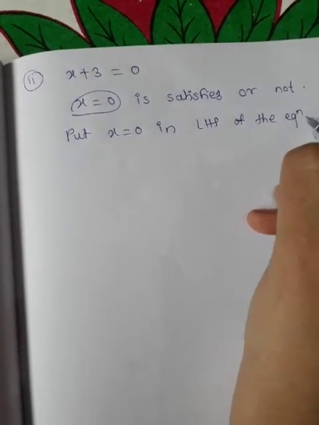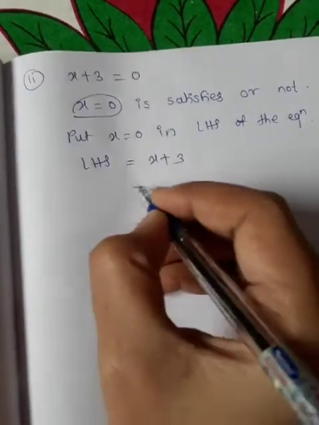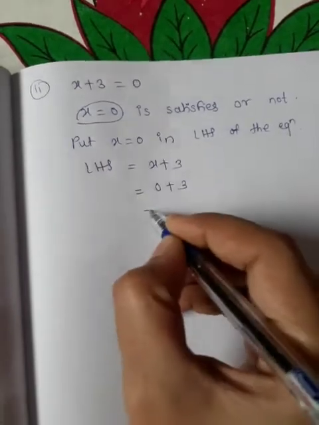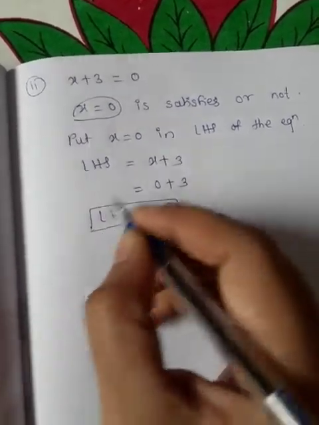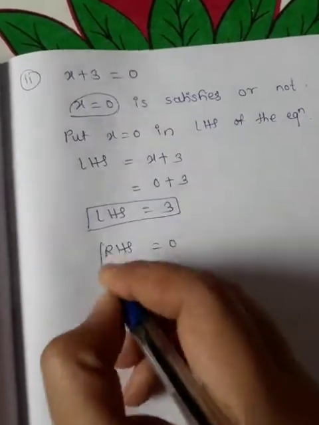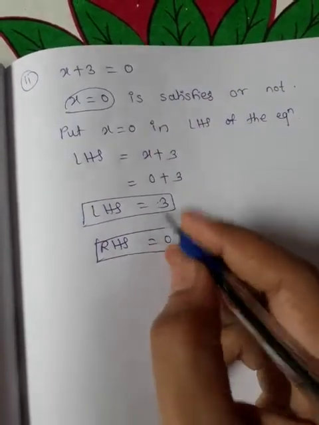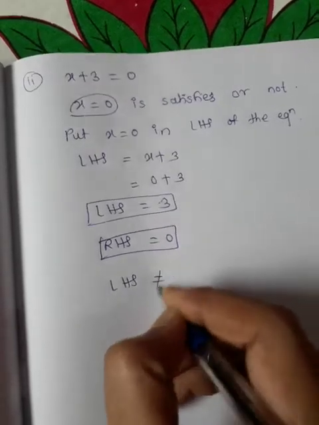What will we get? LHS is equal to x plus 3, and putting the value of x as 0 in the LHS, we get 3. So the value of LHS is 3. And what is the value of RHS? The value of RHS is 0. If we compare, then you say that LHS is not equal to RHS.